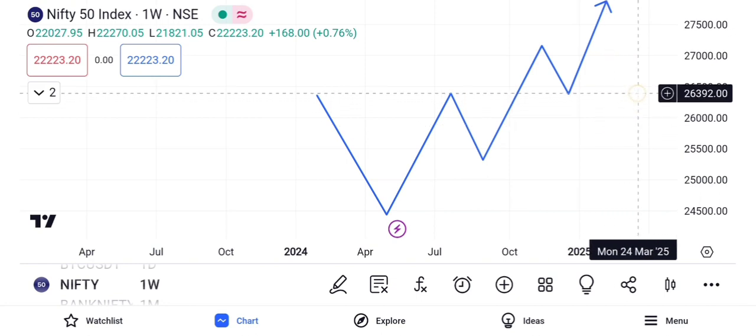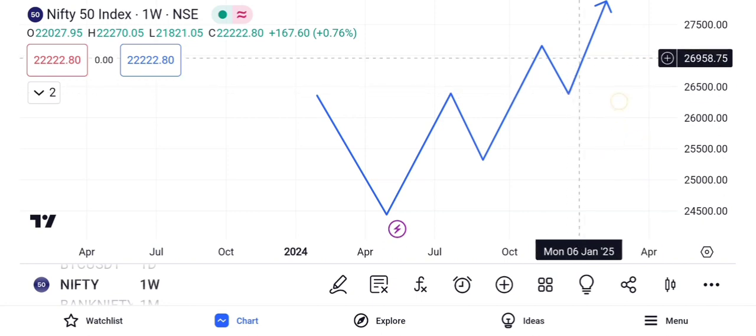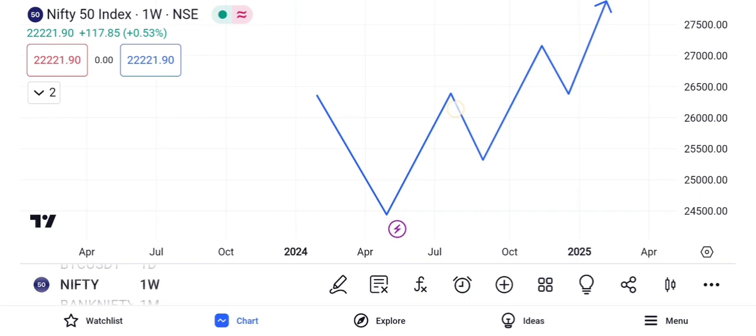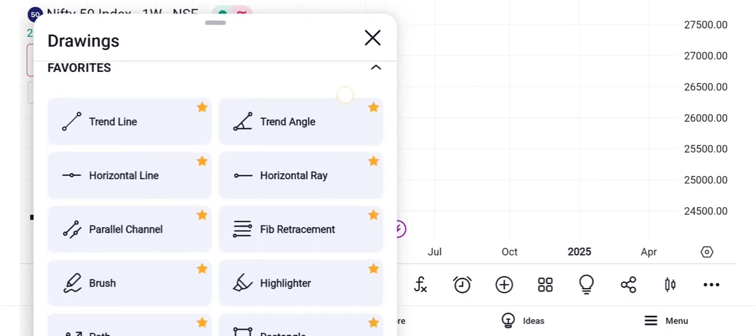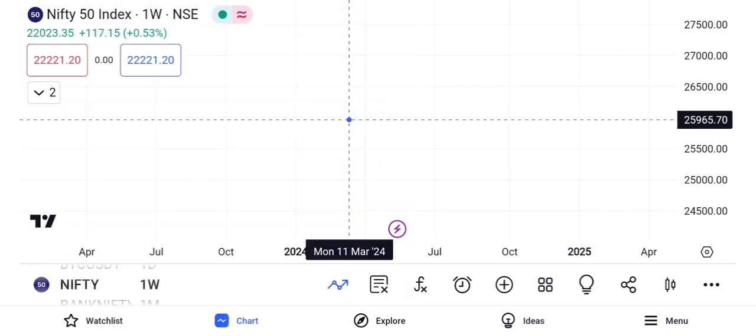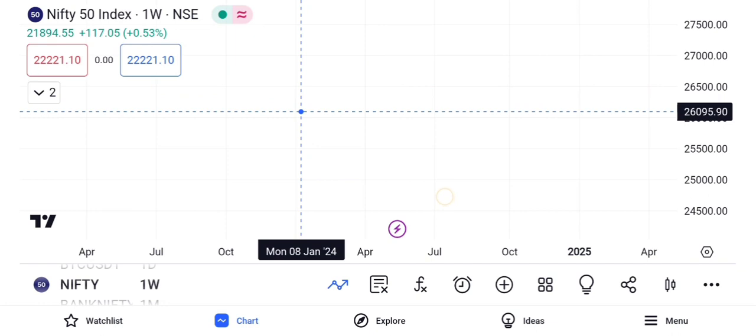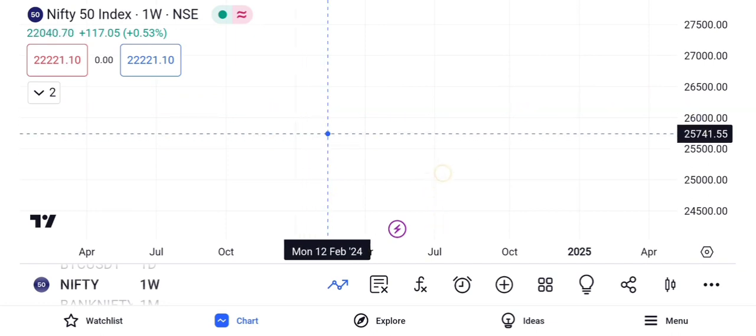Okay, this is the level which the market breaks, and after a retest on this level you ride this swing. Okay, so this is the third pattern, and the fourth chart pattern you should be knowing is the head and shoulder pattern.